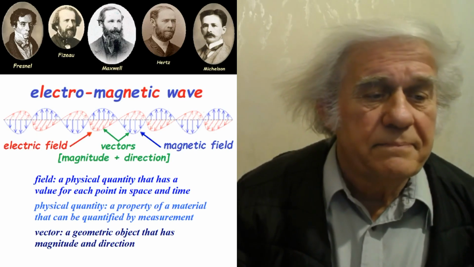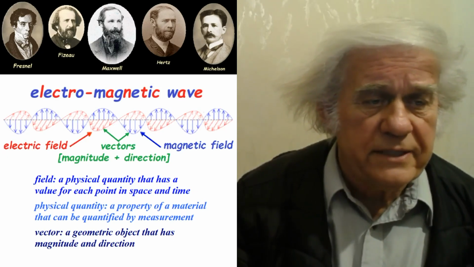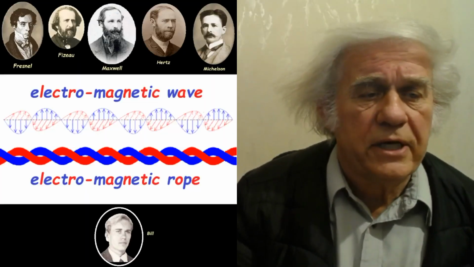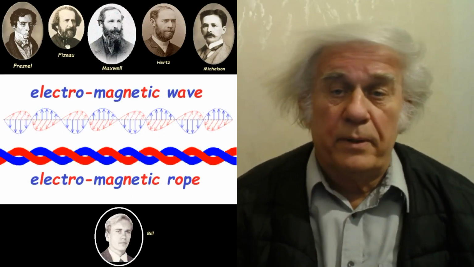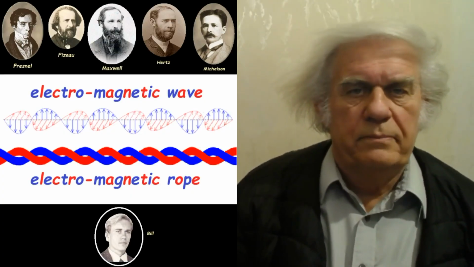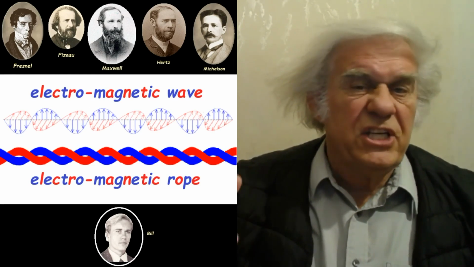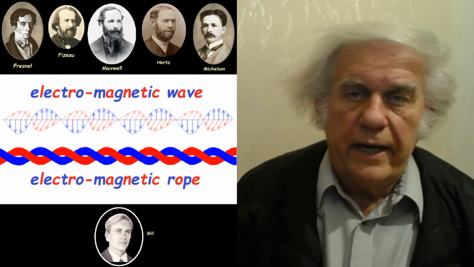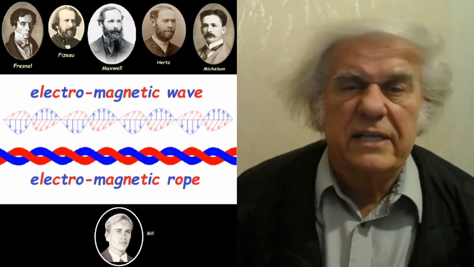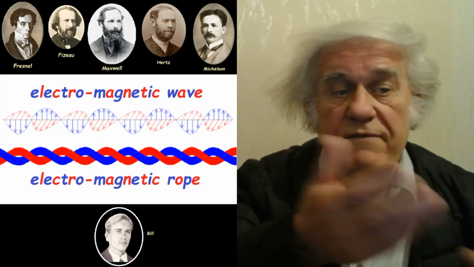So what we've done is we replaced the wave, right? We replaced it with a rope, right? In this channel, this is what we propose. We're saying that the electromagnetic wave that these people proposed was really a rope, a pair of twine threads, a DNA-like object, right? And they confused it for an electromagnetic wave because there is a waviness to it.